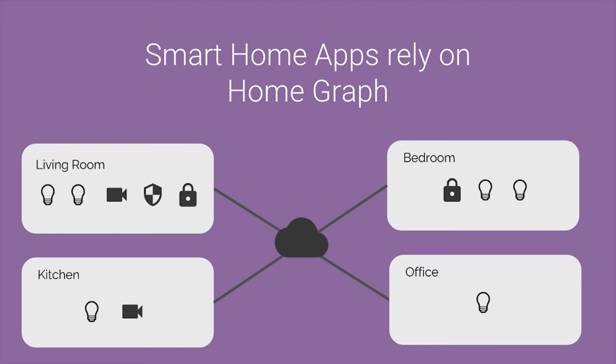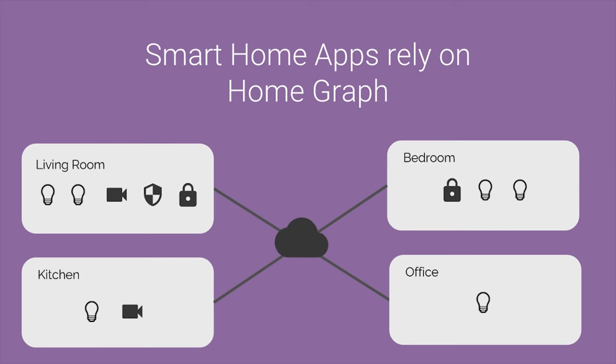So basically, when you're building for the smart home, the Google Assistant manages a home graph, which looks at your house as a whole and contains information about your house. Okay? And inside your home graph, you would have different things such as the concept of a room.